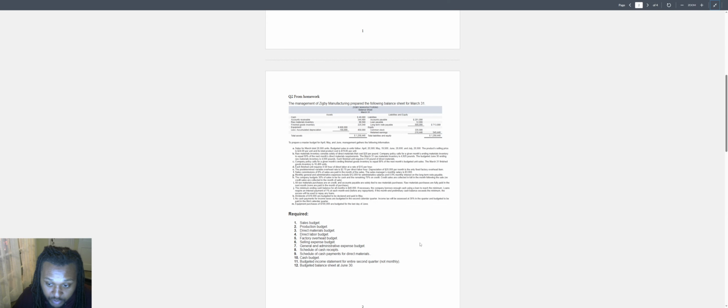So the schedule of cash payments. The payment for the prior month of purchases for April is 201,000. Okay, and for May it's 198,000, and for June it's 201,500, and for the entire quarter it's 600,500. All purchases on credit are paid in full the following month, beginning March 31st at 201.